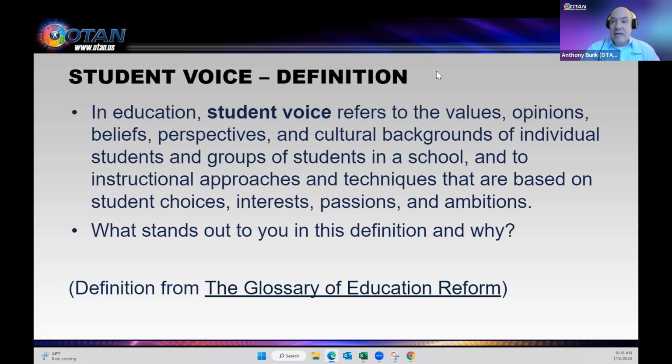So in this definition, really that instructional approaches and techniques is what stands out to me. It actually gives me the opportunity to reflect on my own practice, right?